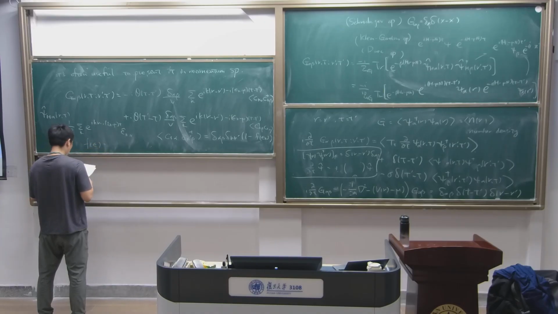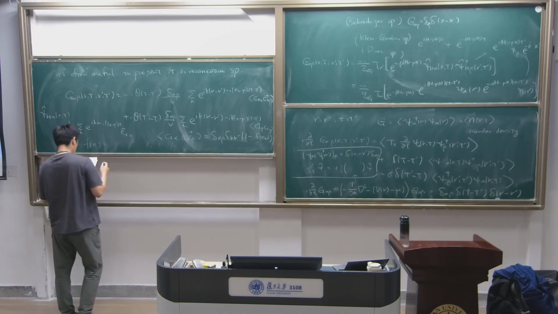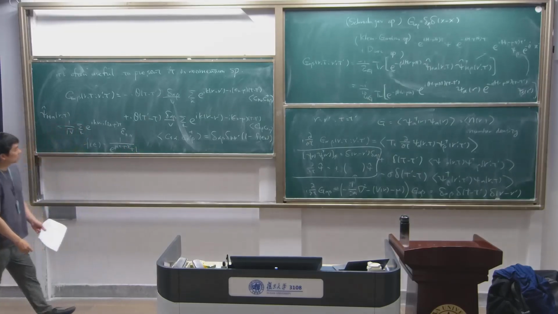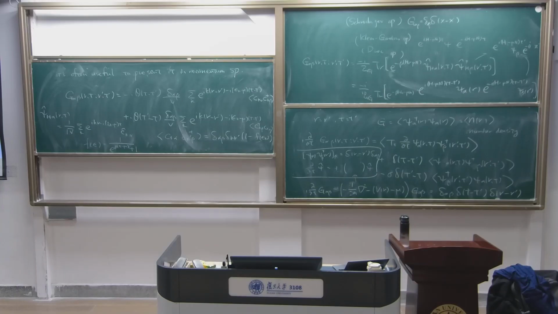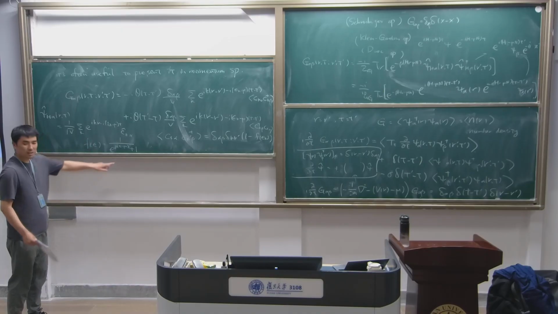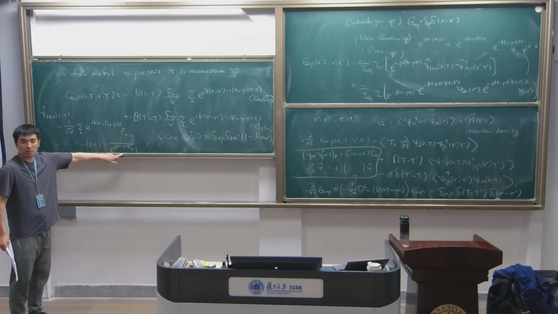f is the distribution, which should be one of the thermal factors, e to the beta (epsilon minus mu) plus 1. So this is a thermal factor. Is this a Fermi distribution or a Bose distribution? Fermi, right?